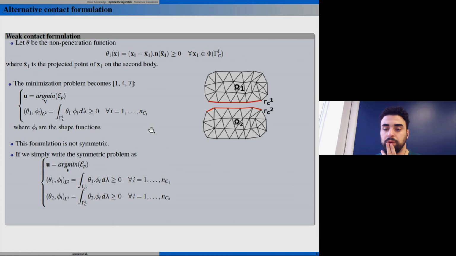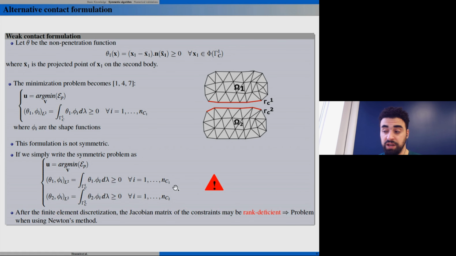And for example, if we simply consider after that the second one is a slave and the first one is a master, and if we write our additional constraints, the NC2 constraints, we'll have a minimization problem of the energy with NC1 plus NC2 constraints.